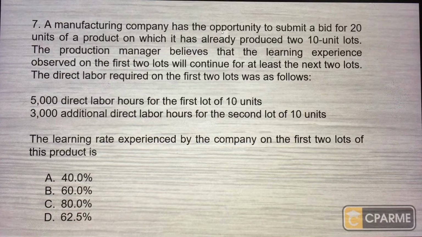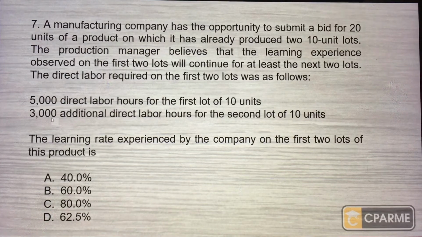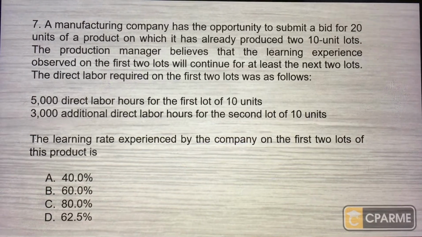The correct answer here is letter C, 80%. Because what others do here is 3 over 5. I think if it is 3 over 5, it will be 60%. But it's not right since it is additional. The correct answer is letter C, 80%.